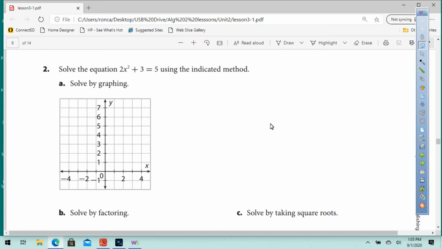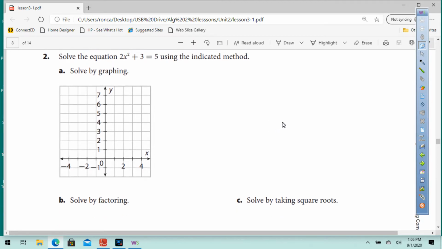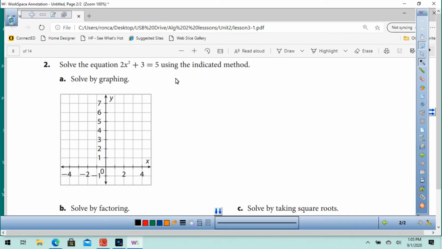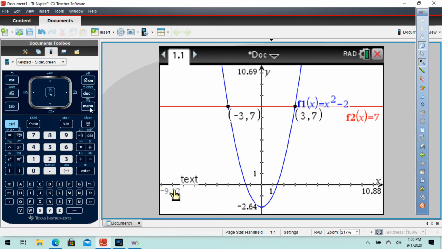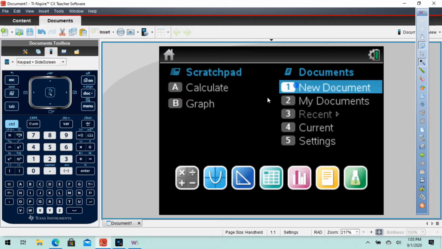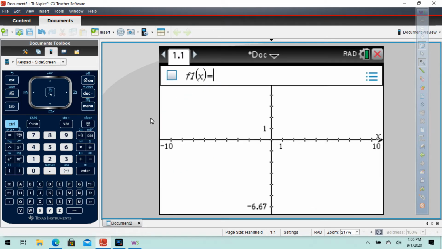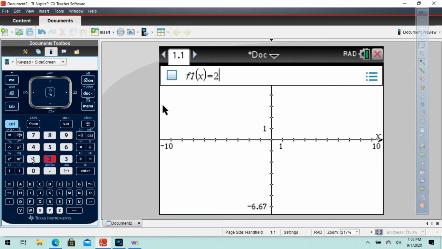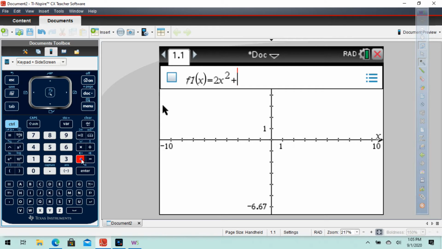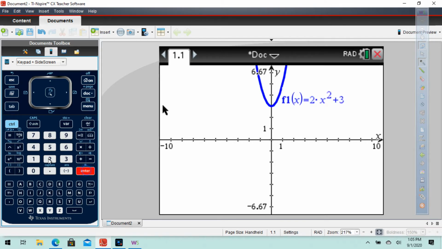Number 2, solve the equation 2x squared plus 3 equals 5 using the indicated method. Well, let's solve it first by graphing. 2x squared plus 3. Go to graphs, and we got 2x squared plus 3, and then the other line is 5.